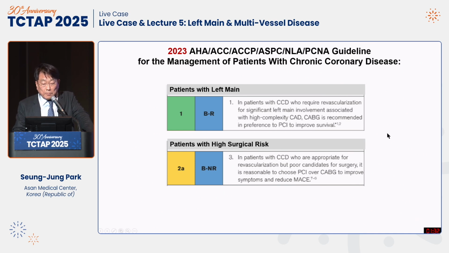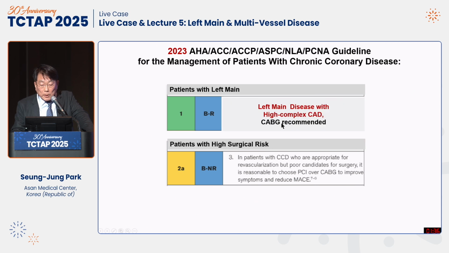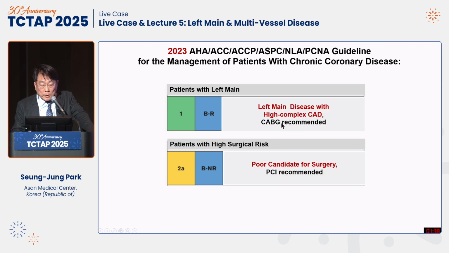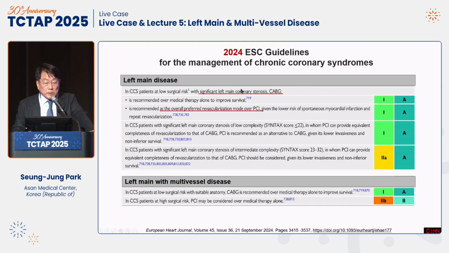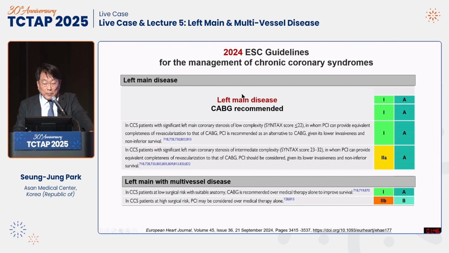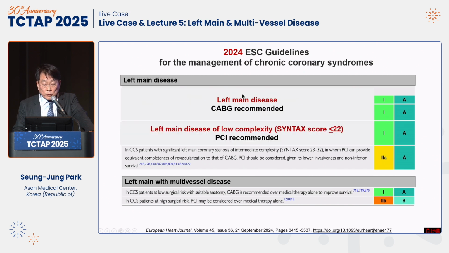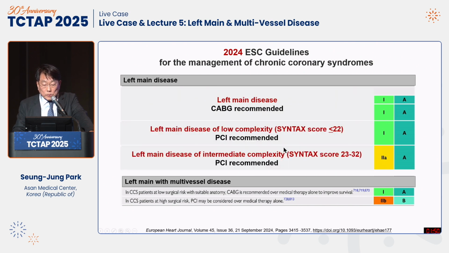So for patients with significant left main disease and highly complex coronary artery disease, CABG is recommended, and for poor candidates, PCI 2A, a little bit generous in the ESC guideline changes. For significant left main disease, bypass surgery, low SYNTAX score, low anatomic complexity, PCI 1A and 2A indication from the ESC guideline.